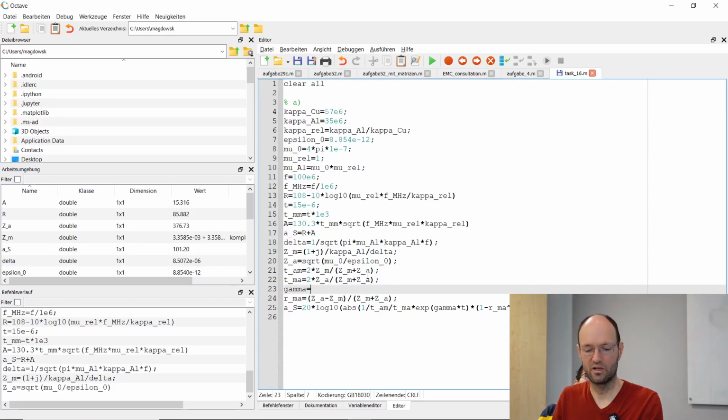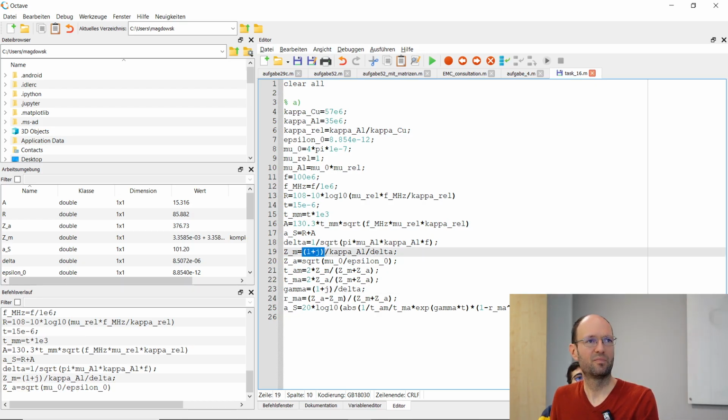So our gamma is also (1 + j) divided by delta. It's somehow the same formula as here, but this also includes conductivity, and this just includes this delta term. Okay, so now we have all stuff.